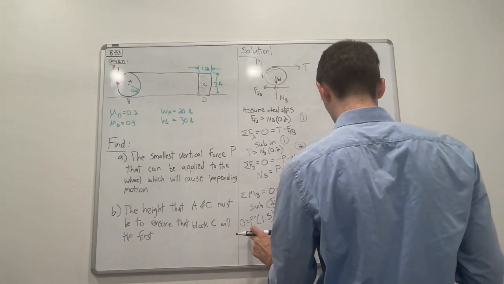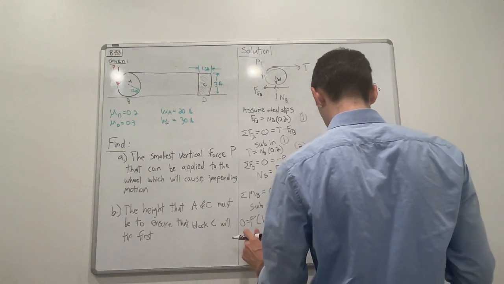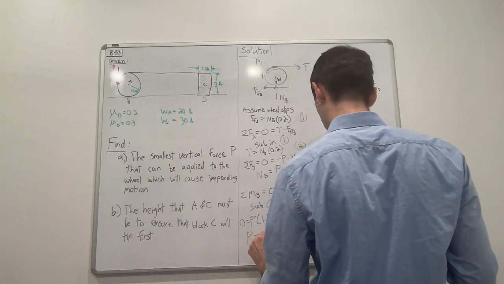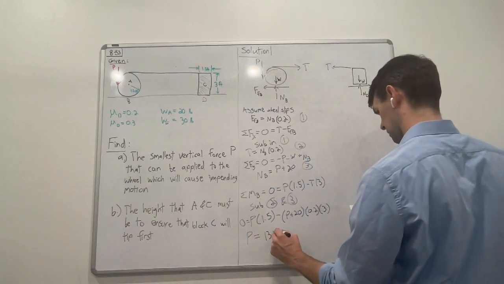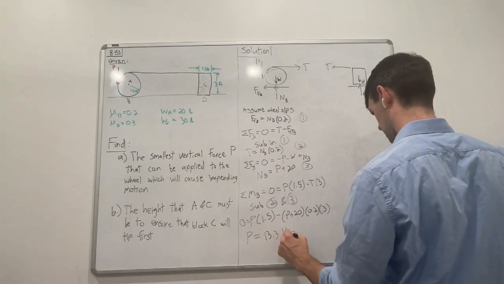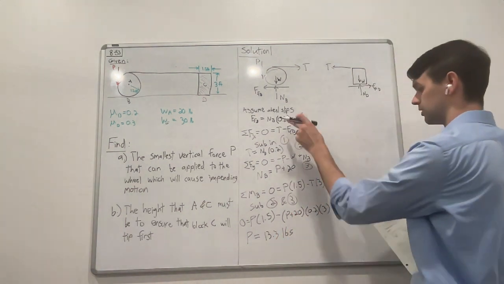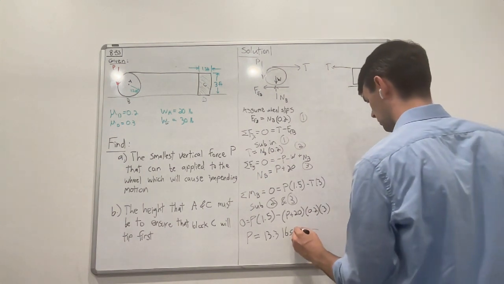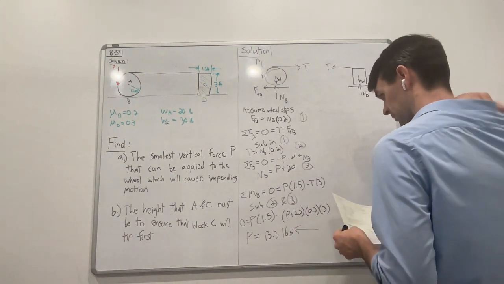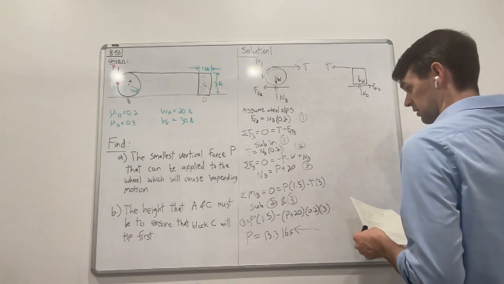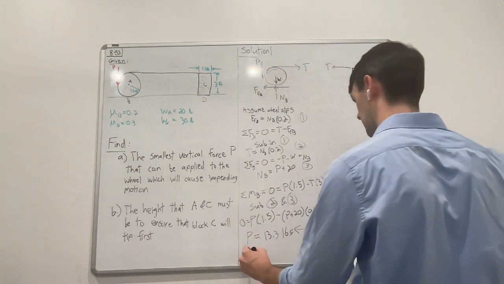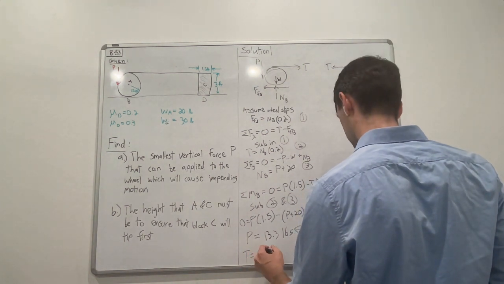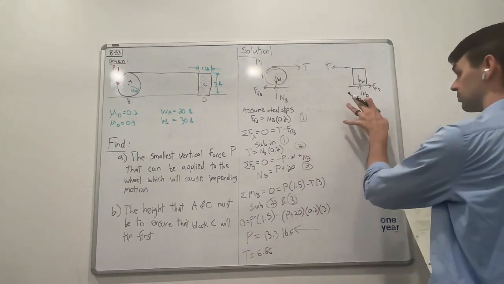If I do some rearranging and some math, I will wind up finding that P equals 13.3 pounds. So if the wheel slips first, then P will be 13.33 pounds. And by extension, I know tension is going to be 1/2 of that, so I'm just going to write out the number. That tension is 6.66, because I'm going to be using that over here.